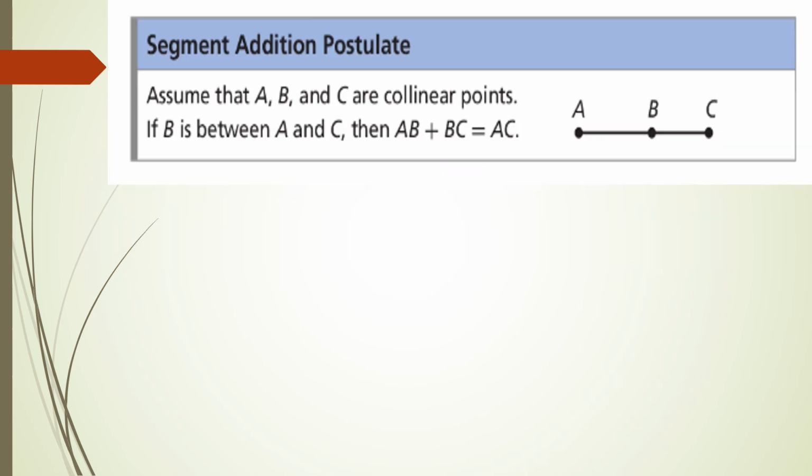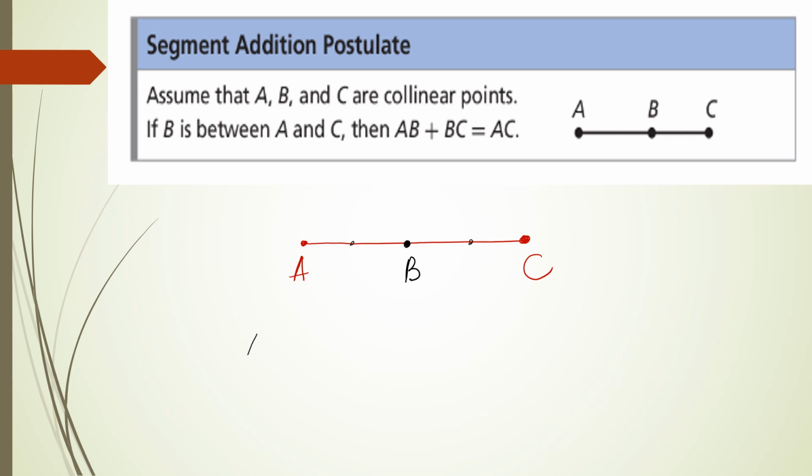What is the segment addition postulate? So for example, I have a line segment, the starting point is A and the ending point is C. Now in the middle of that line, I locate one more point, and name it B. The location of B could be anywhere, even here, even here, anywhere.